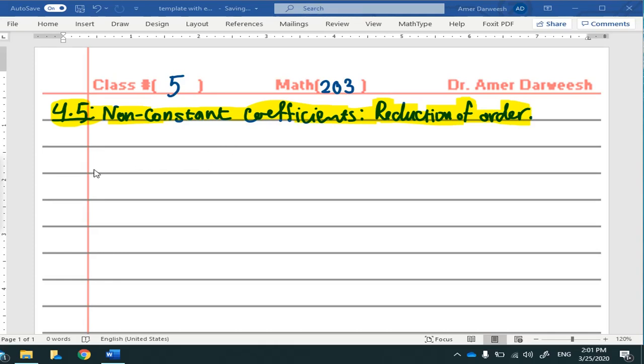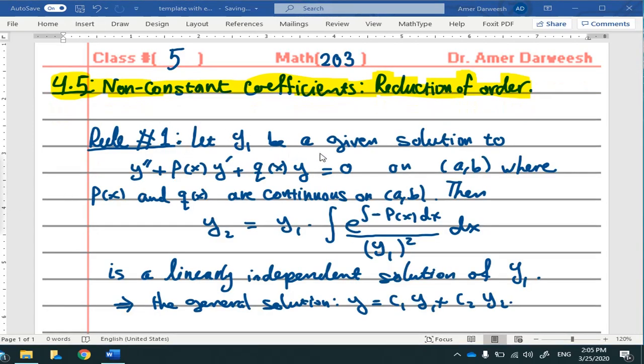So I'm going to start with rule number 1. Actually we only have one rule. Let y1 be a given solution to the second order linear differential equation y double prime plus p(x) y prime plus q(x) y equals 0 in an interval (a,b), where p(x) and q(x), the coefficients, are continuous on (a,b).